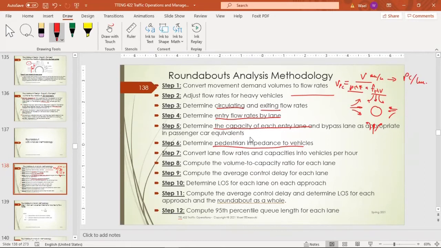As I mentioned before, the presence of a pedestrian crossing impedes vehicle movements, so we need to adjust for that. Then we convert the flow rates and capacity into vehicles per hour. Then we compute the volume to capacity ratio for each lane, then the average control delay for each lane. Then determine the level of service, compute the average control delay for the entire roundabout, and compute the 95th percentile queue length for each lane. Any questions so far?